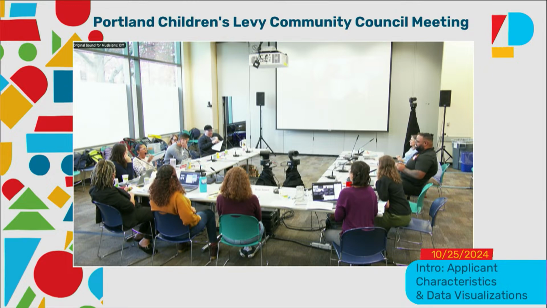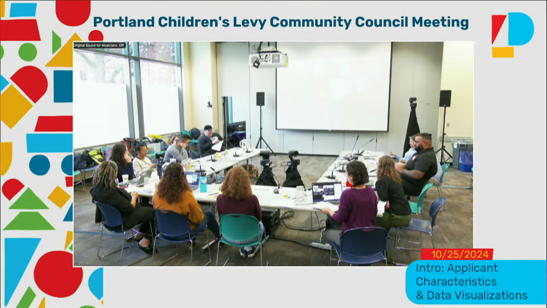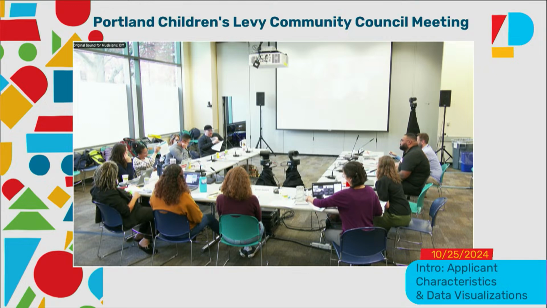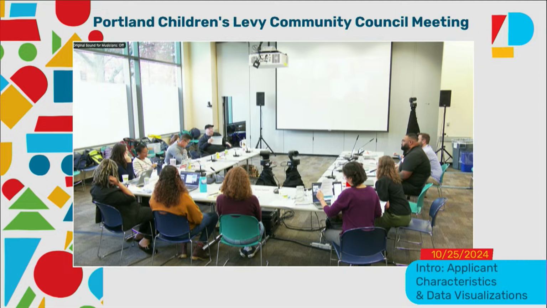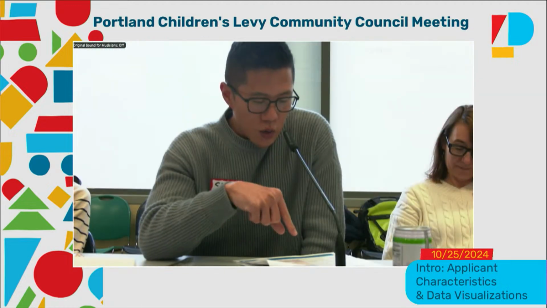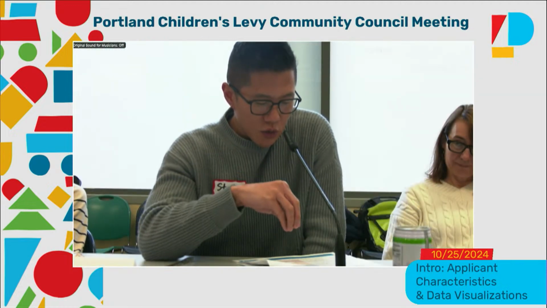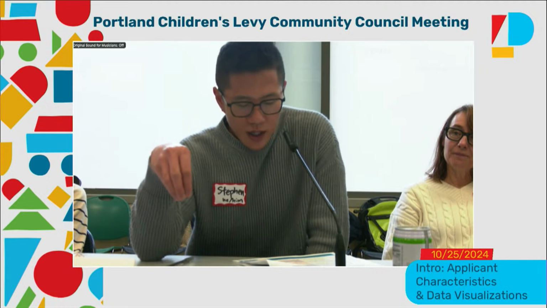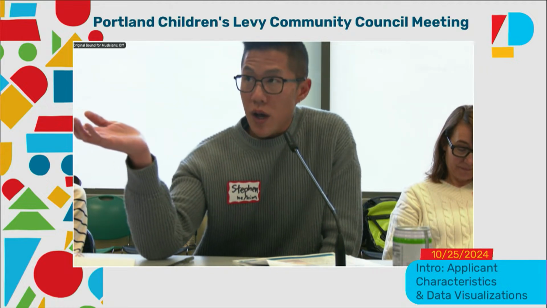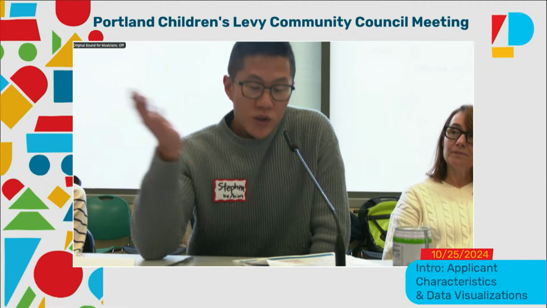So I don't find it confusing. I think it's pretty straightforward. But one thing it does leave me wondering is within each category, and this applies to the other graphs that show any one application counted multiple times. I think it would also be helpful to show the total number of applications in each group. So for like early childhood, is that 16 total applications or is it 30 total applications?